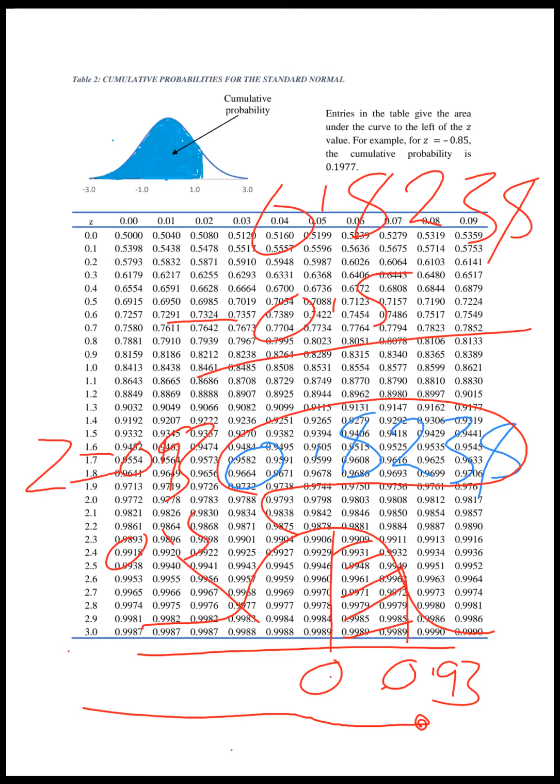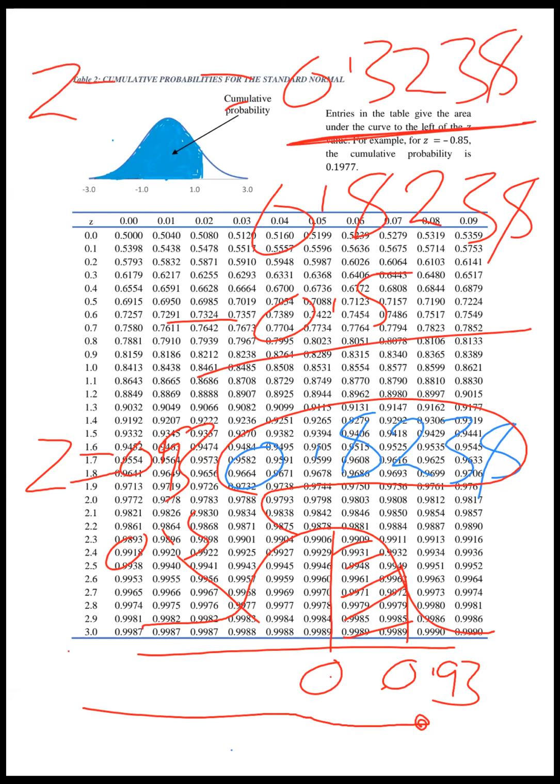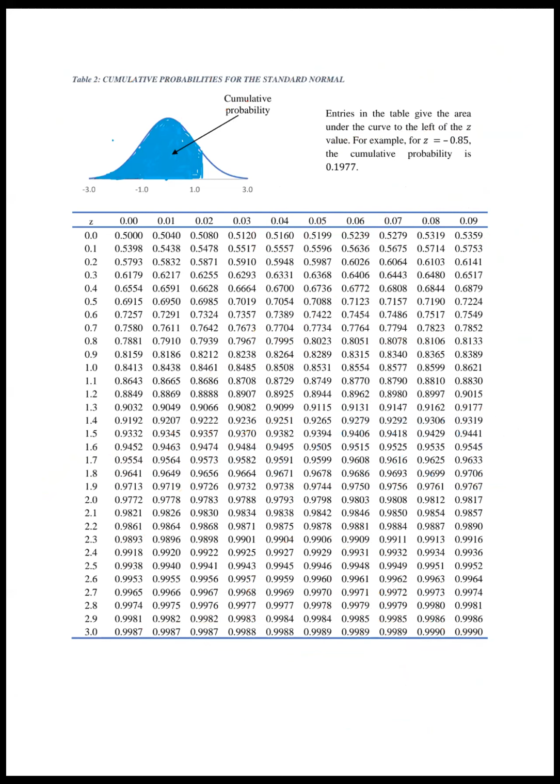It's basically 0.3238. So this is the area where z is equal to 0.93, equivalent to the shaded area here. This is how you do it in the question.